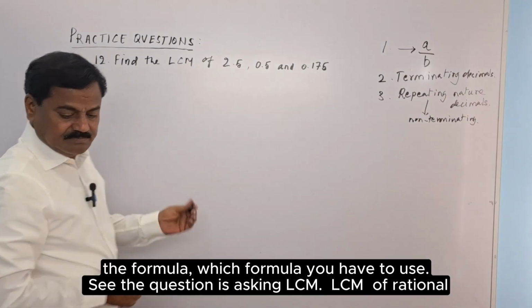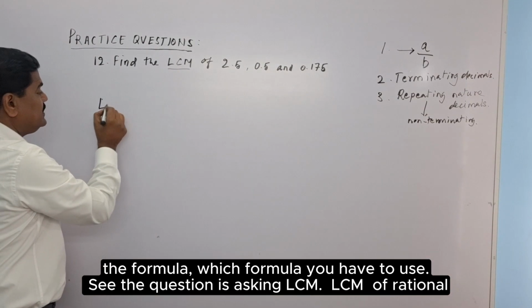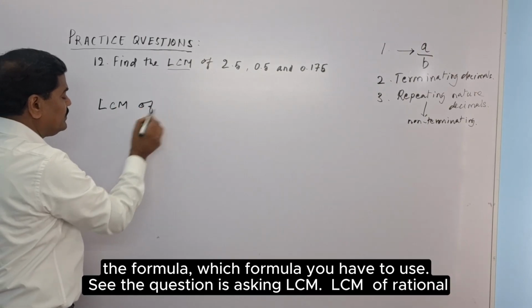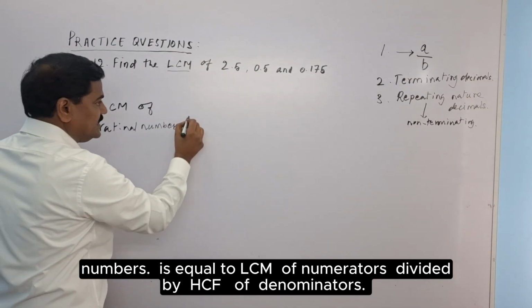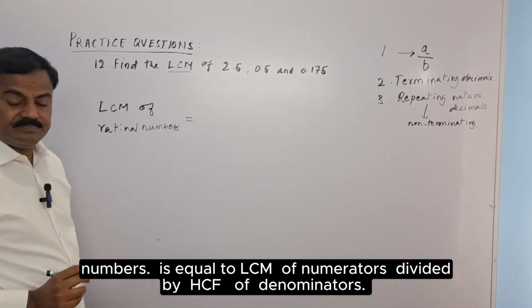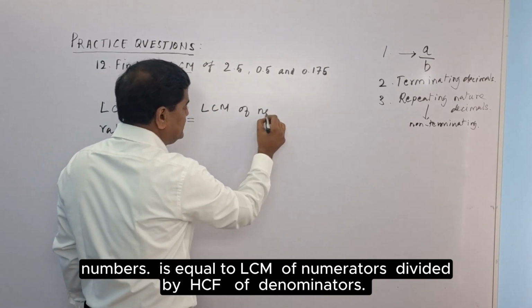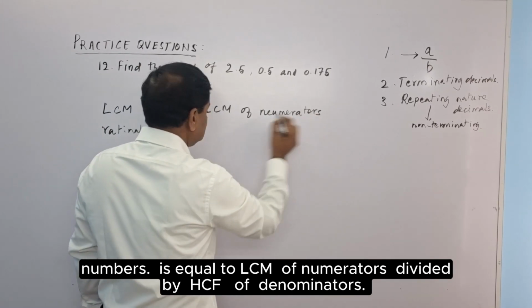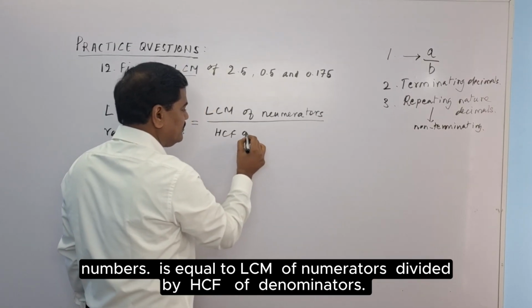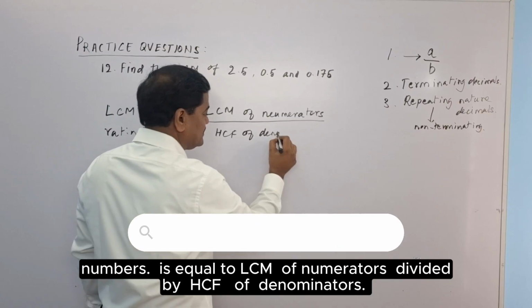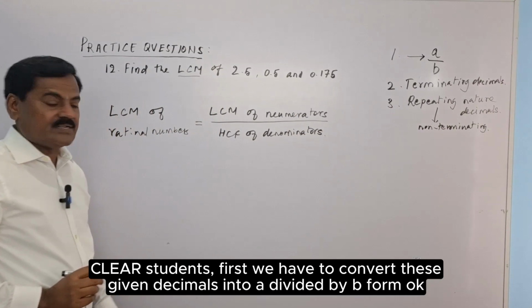See, the question is asking LCM, right? So LCM of rational numbers is equal to LCM of numerators divided by HCF of denominators. Yes, students.